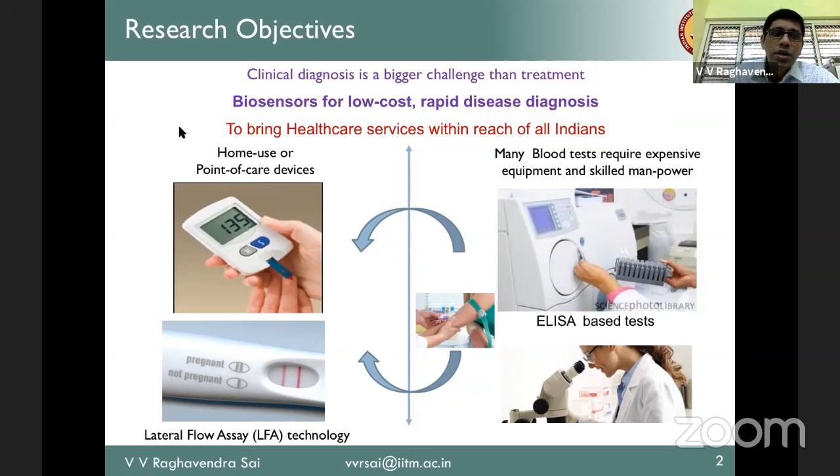Mainly because you don't really have a home-based or point of care device that is so sensitive. Still, there is a problem. If it is glucose, well and good. Pregnancy test kit is also available, but many diseases cannot be diagnosed using the existing technologies such as these.